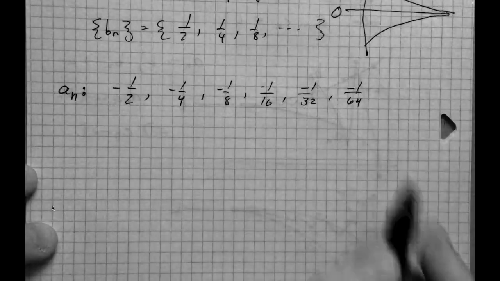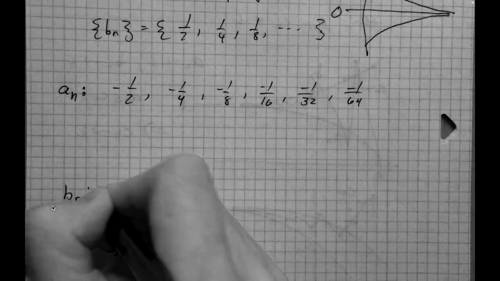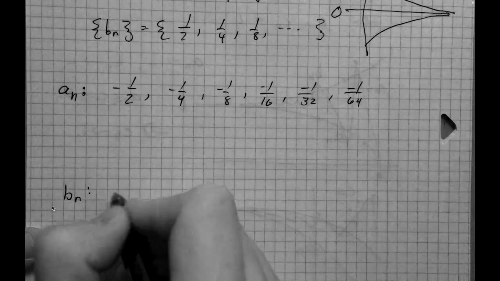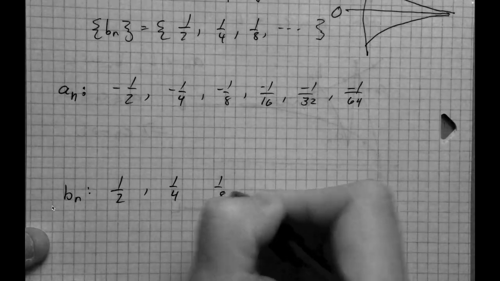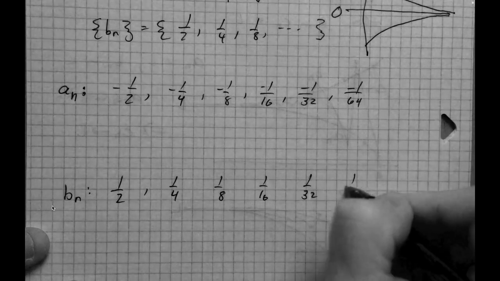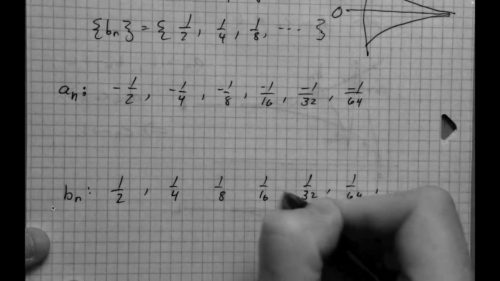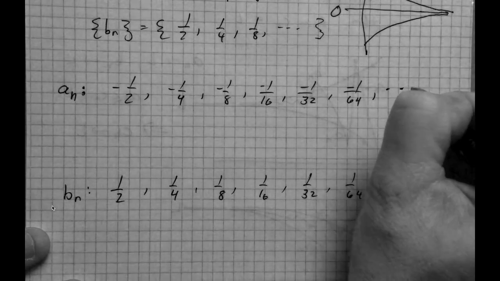Just doubling the denominator every time. What does b of n look like? This is 1/2, 1/4, 1/8, 1/16, 1/32, 1/64. And remember, these are going to go on forever. These are just the first couple.